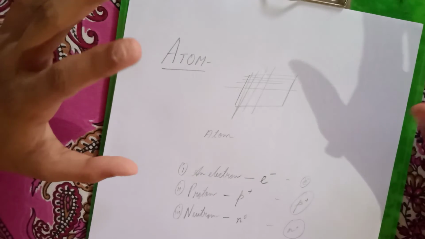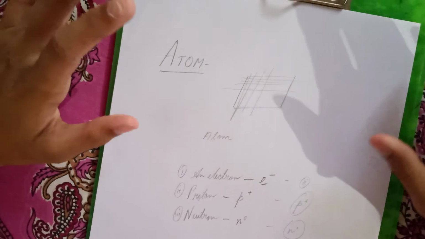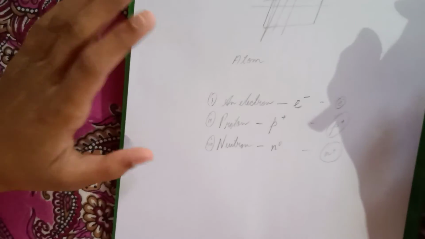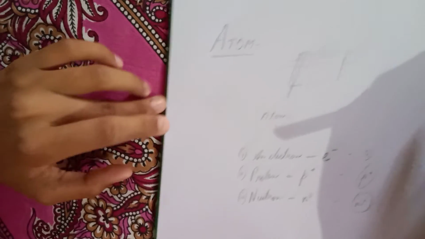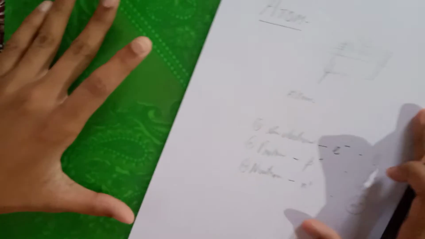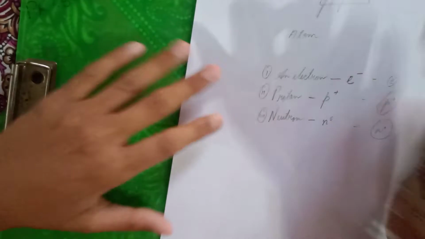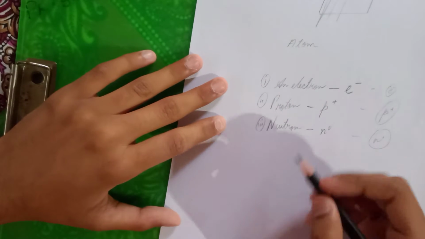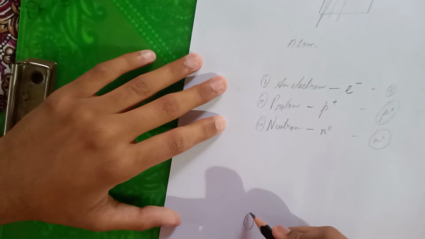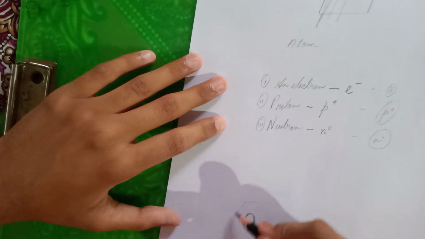Now, anything that is made up of something has a structure. Now let us talk about the structure. An atom has a fairly simple structure. An atom is like a ball with a small sphere in the center, and there are circular rings all around it, like this.